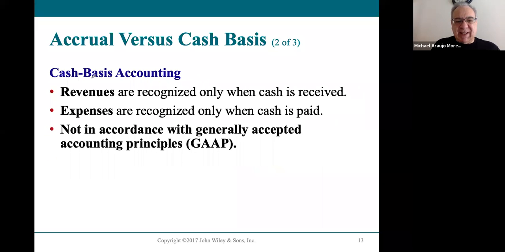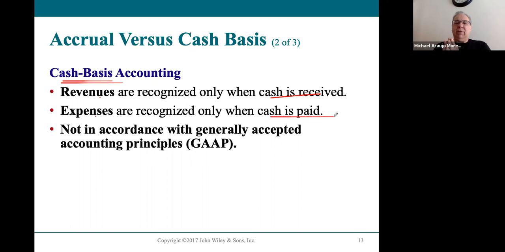The cash basis only follows the cash. The cash basis of accounting, and a lot of small businesses do this, they will record their revenue in the journal when they get paid for doing their work. They will recognize the expenses in the journal when they actually pay for the expense. Okay. So in essence, there's no matching.